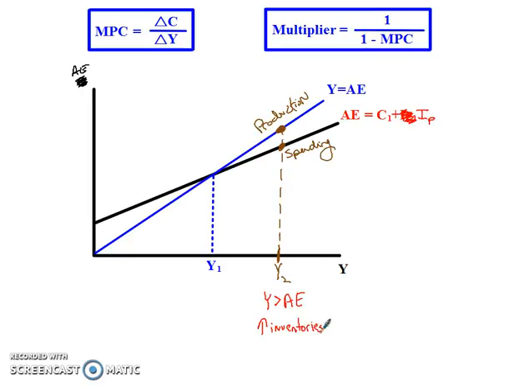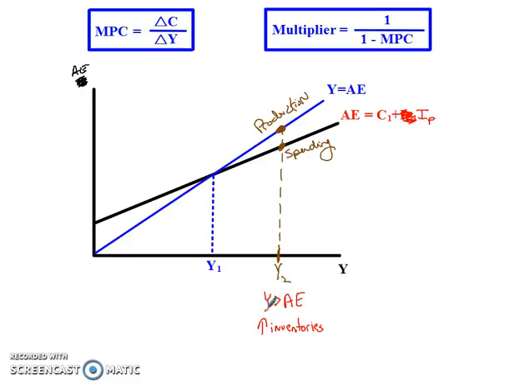The amount of stuff that companies have produced that is now sitting on a shelf is going to rise. And companies want some items in inventories all the time. But if these inventories start to get too high, companies are going to respond to that by decreasing production. They don't want all these things just sitting around on a shelf.